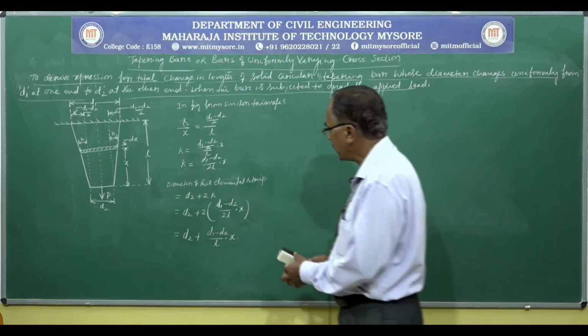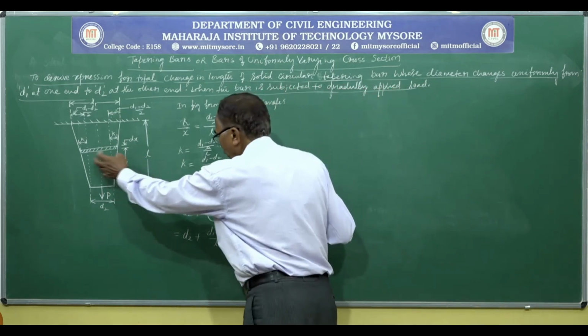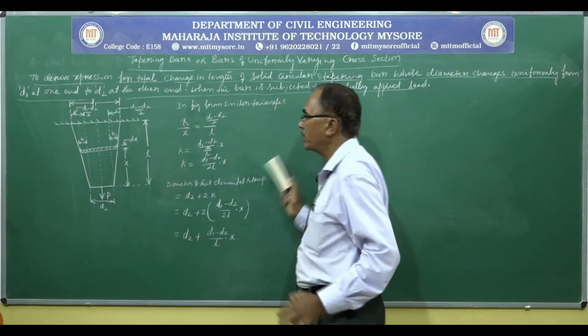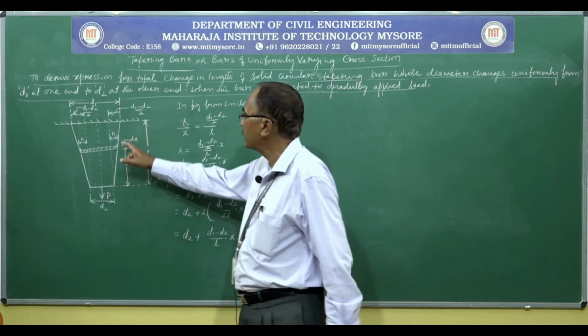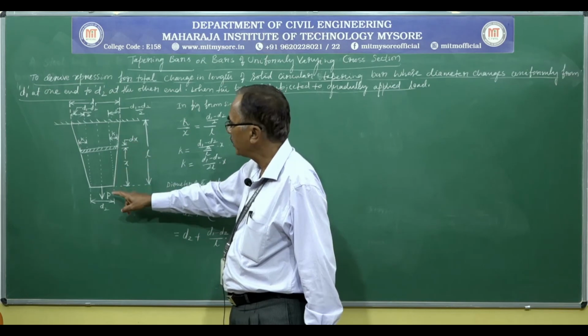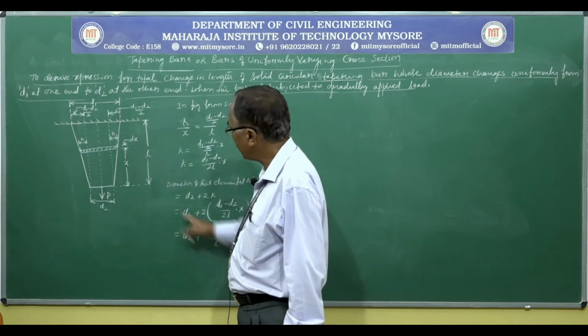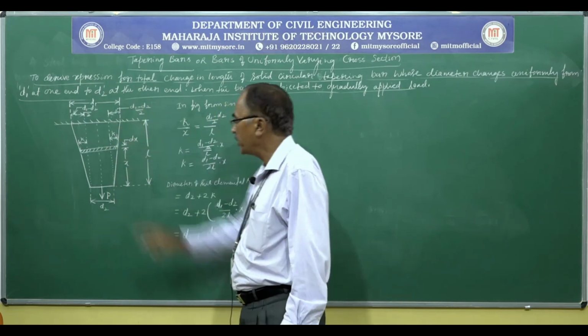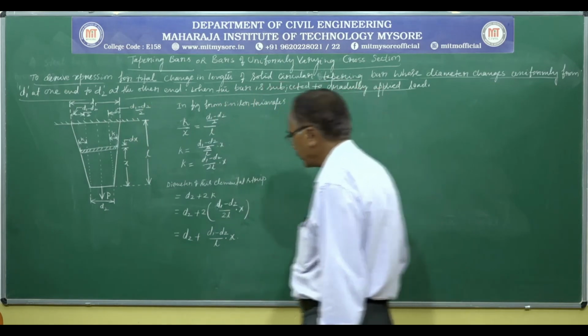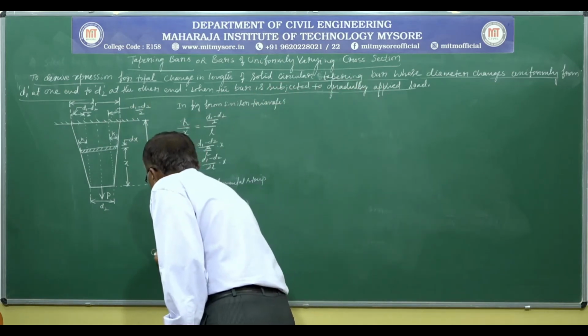Now, knowing the diameter of this elemental strip, we can calculate the cross-sectional area of the elemental strip. Cross-sectional area of the bar can be calculated at the bottom and top, so the cross-sectional area of the elemental portion also can be calculated.